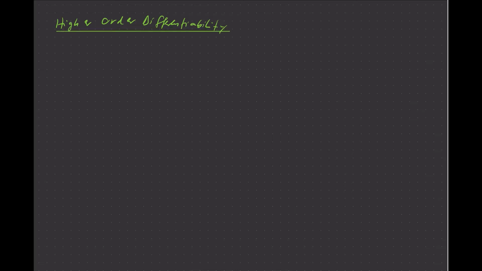Now, we'll start with the definition right away, because that is more or less straightforward. As usual, we require an open interval and a function that is defined on that interval and that is differentiable. So let I be a subset of R, and let that be an open interval.